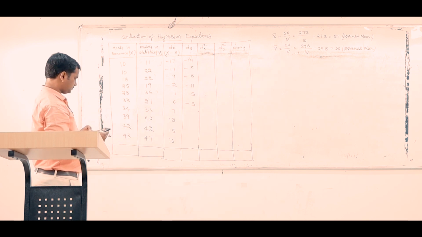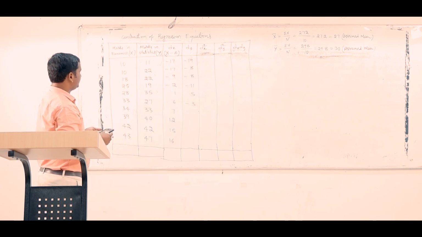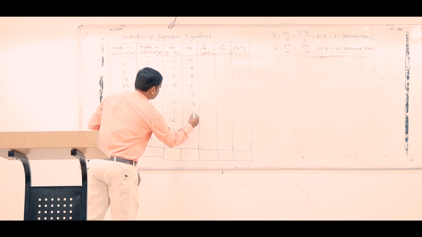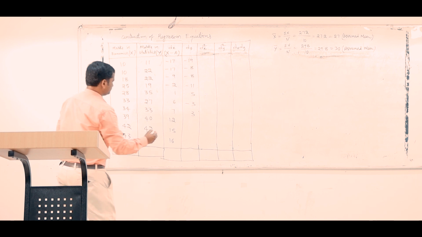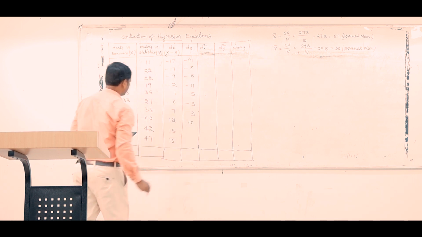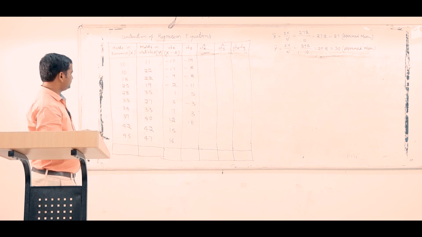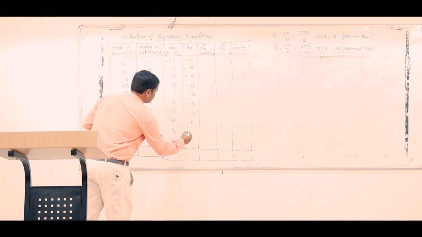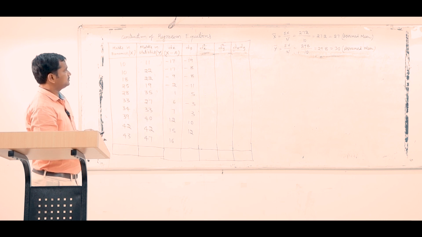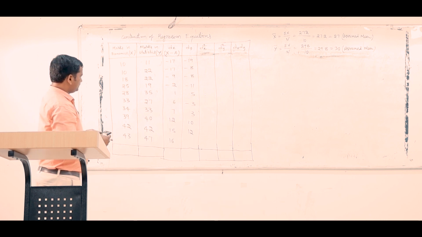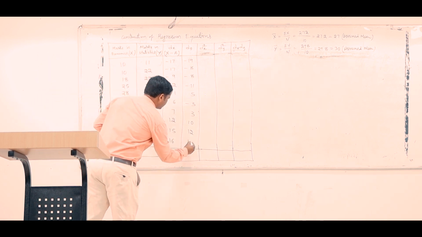Next 33 minus 30, it will be 3. 40 minus 30, it will be 10. 42 minus 30, it will be 12. Next 47 minus 30, it will be 17.